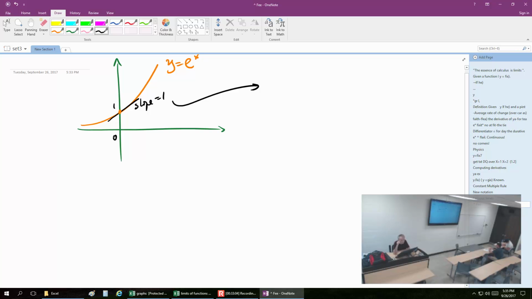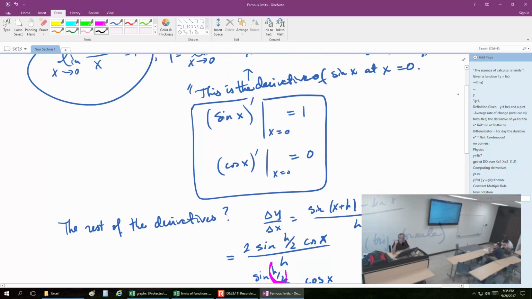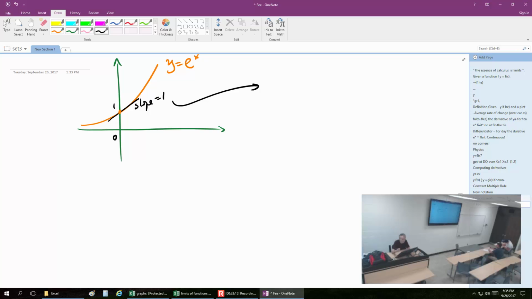How do we write it algebraically? Just the way we did it with trig functions, remember? The slope is the derivative, right? So what do I write here? F prime of x equals 1. Well, so e to the x.